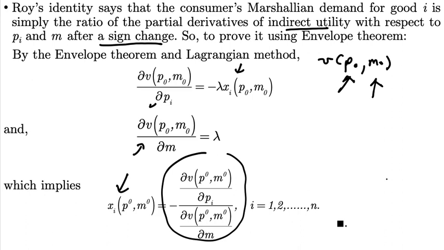Let me show you one by one. I'll use one example of a direct utility function, and from there I come up with the Marshallian demand function. Then I'll use the envelope theorem to come up with Roy's identity, and after that, with Roy's identity, we can show that we can get the Marshallian demand function.